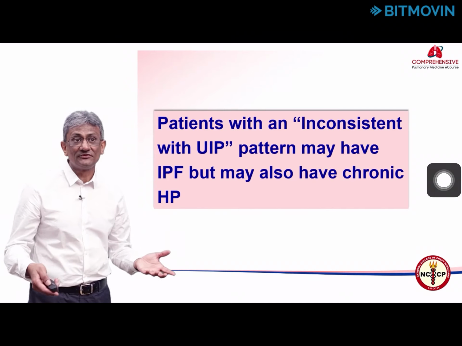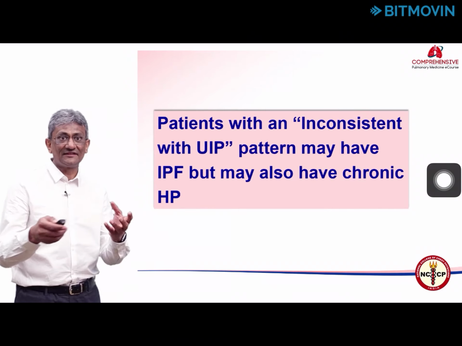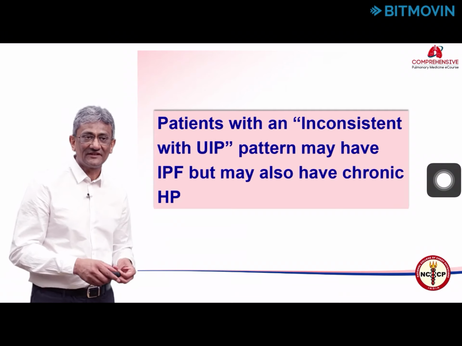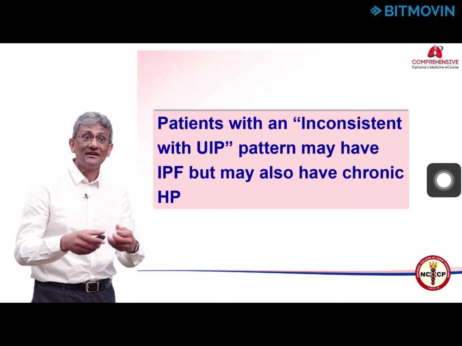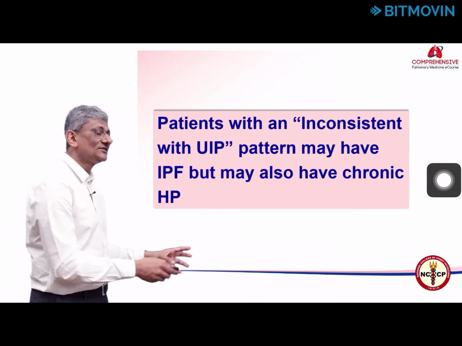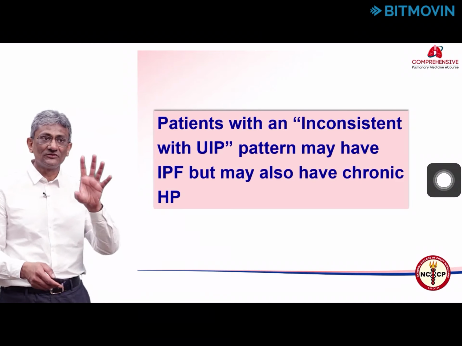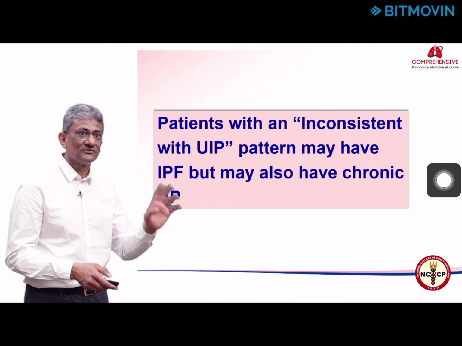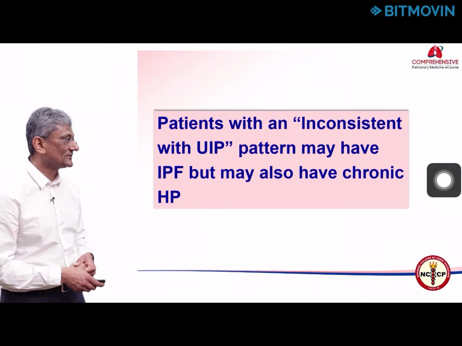If we take the Jaipur registry data into account, that says that almost 45 to 48% of patients with ILD in India have HP, then our index of suspicion for chronic HP in those patients who have an inconsistent with UIP pattern should be kept high.